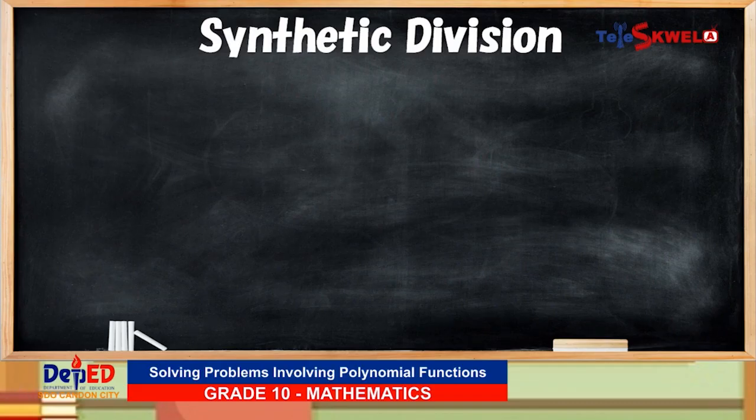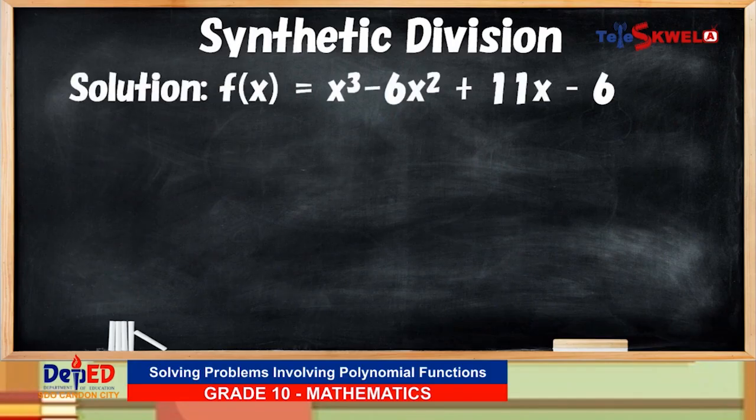So, first, let us identify the numerical coefficients of the given polynomial function f(x) = x^3 - 6x^2 + 11x - 6. These are 1, negative 6, 11, and negative 6.